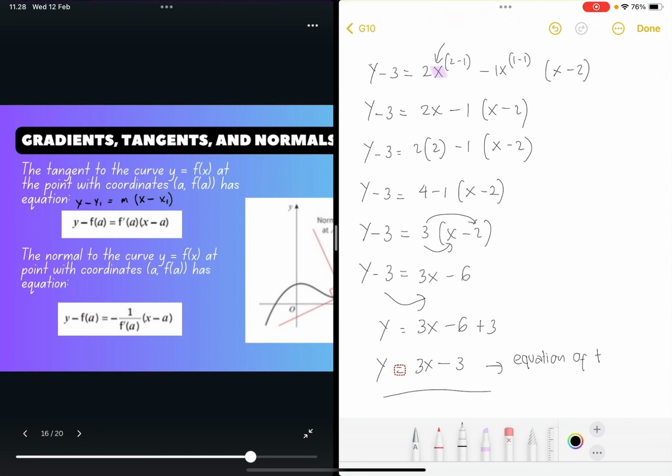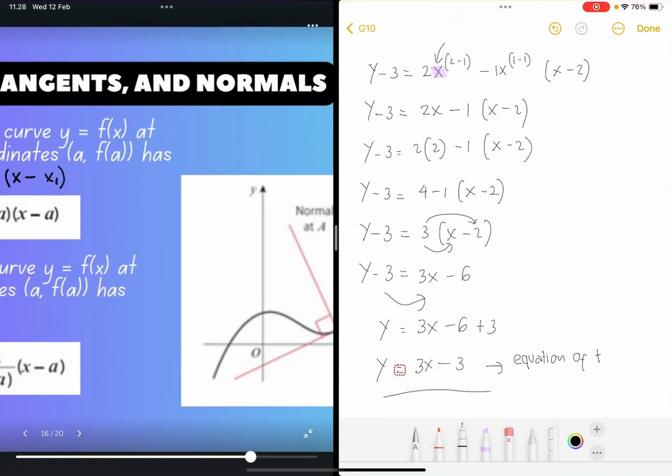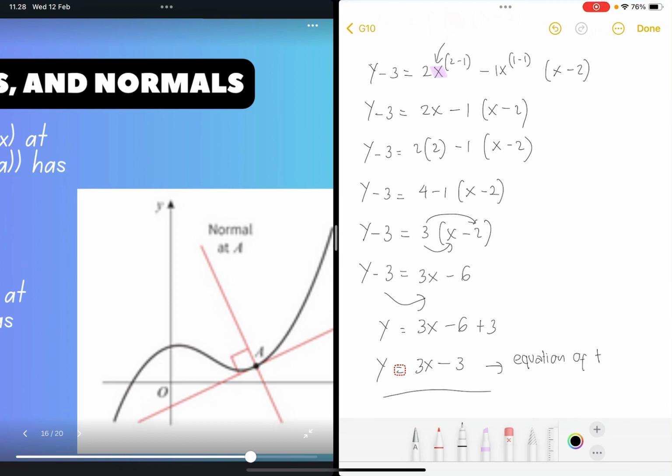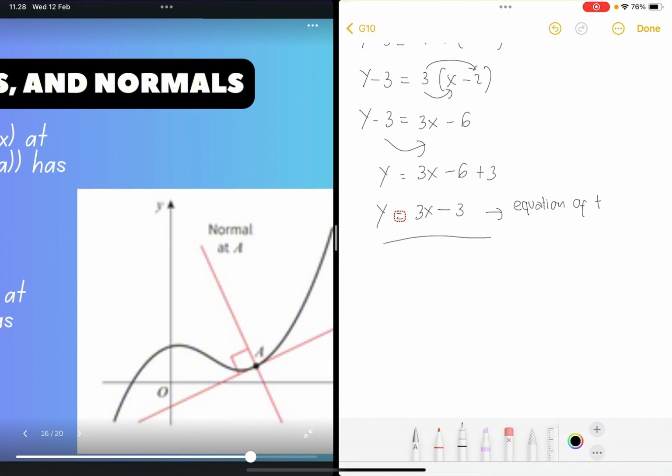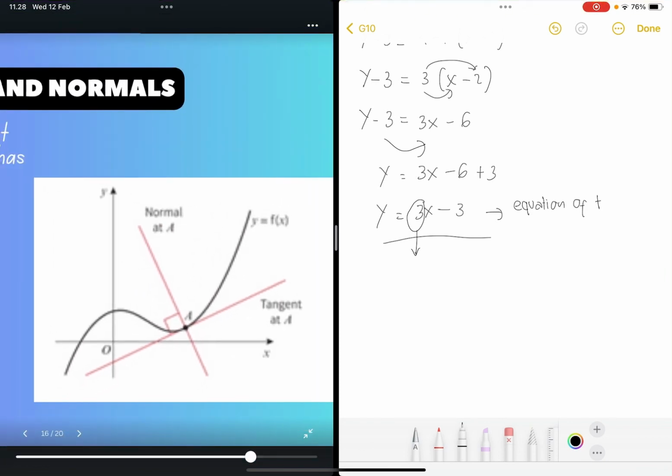Now, the next problem is the normal. How do we find the normal's equation, miss? Okay, what makes them different is actually only the gradient. Remember that. What makes the normal and the tangent different is actually the gradient. Why like that, miss?